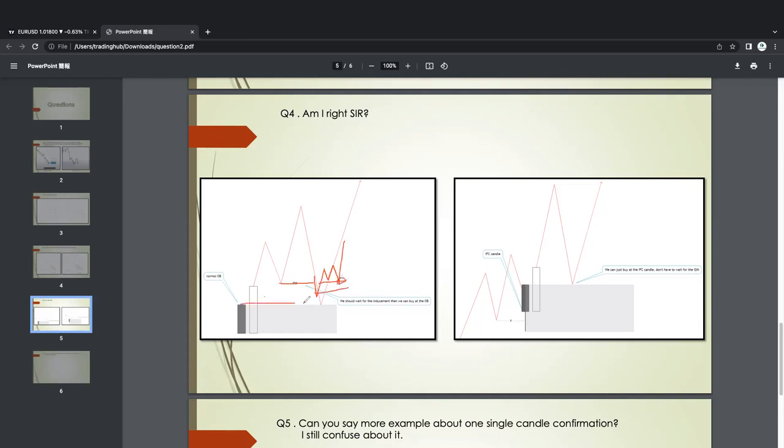You don't need to mitigate this order block. And in this case, the liquidity is swept. Yes, in this case, you don't need to wait for the inducement because the market has already taken out the liquidity. So this can be your valid entry, and this can also be valid.